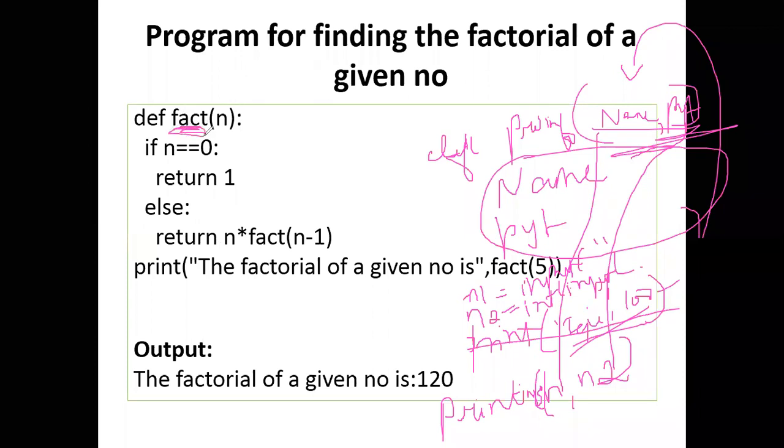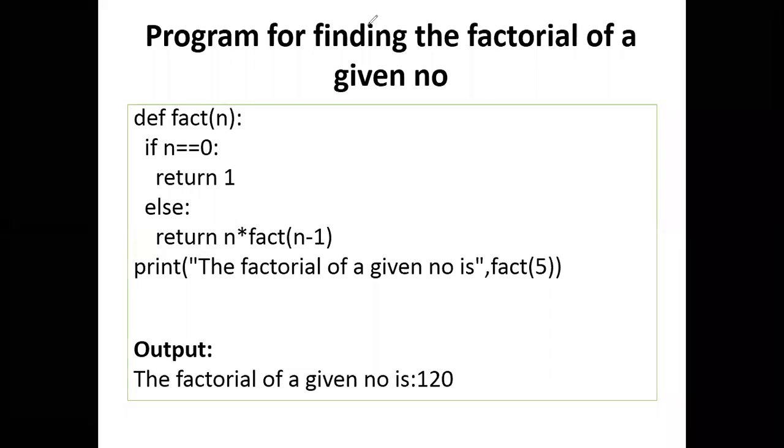The name of the function is fact, F-A-C-T, and this is your function start and this is your function end. Here you don't give open bracket, closing bracket. Instead of that, you follow correct indentation. Indentation is important to differentiate. So here you have started and here you are ending.